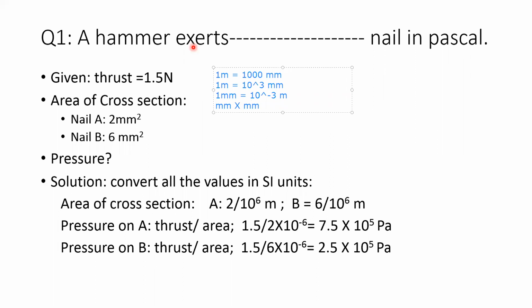So when we have to convert millimeter square into meter square, we have to square this value also. So this will be 10 raised to power minus 3 multiplied by 10 raised to power minus 3, which means 1 millimeter square equals 10 raised to power minus 6 meter square.